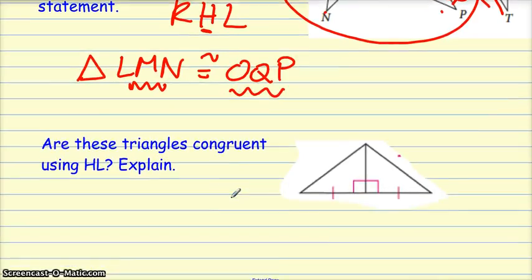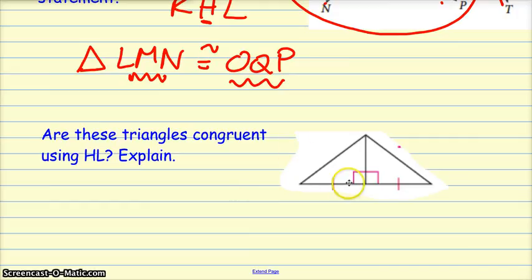Are the triangles congruent using HL? Explain. If you want to think about it again as RHL, do we have right angles? Yes, so this theorem can be used. Was the hypotenuse given? Well, if this is the right angle, this side length here is the hypotenuse, and this side length here is the hypotenuse. So can we use RHL?